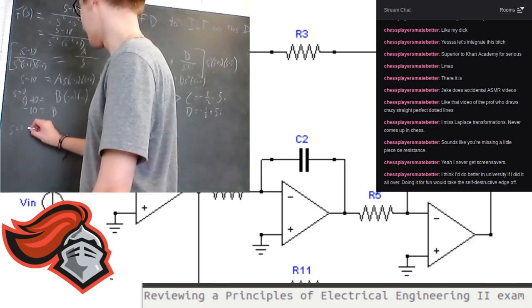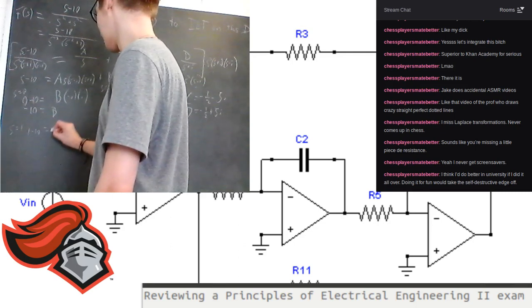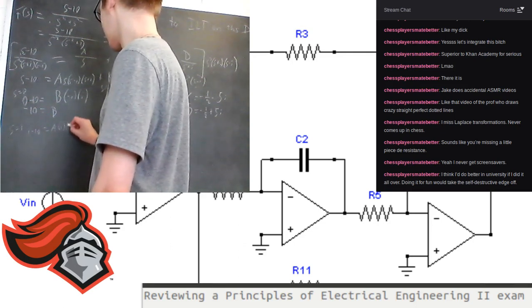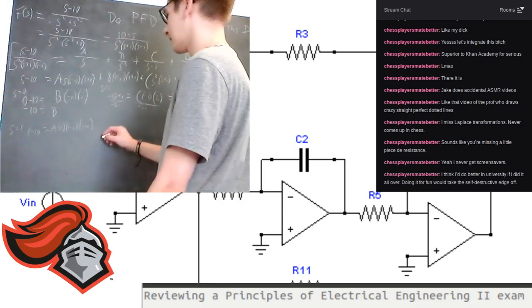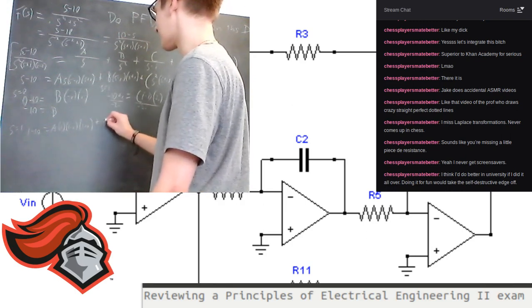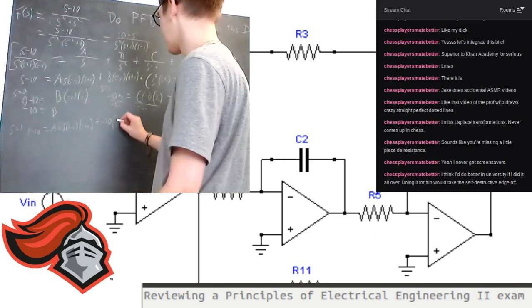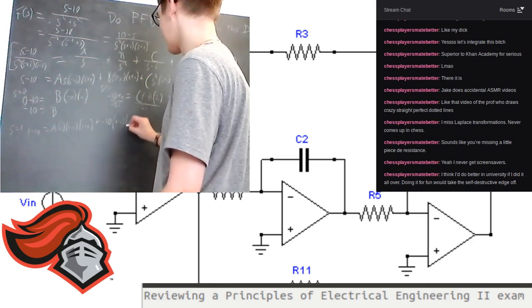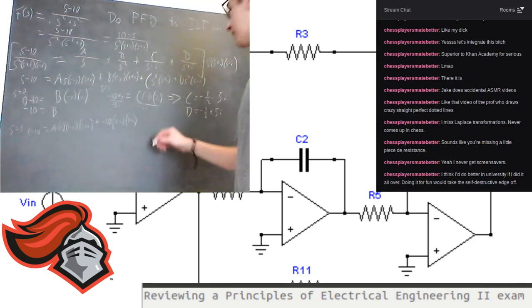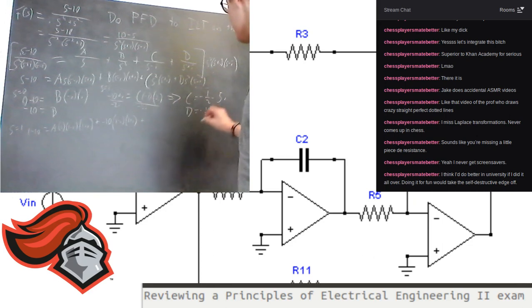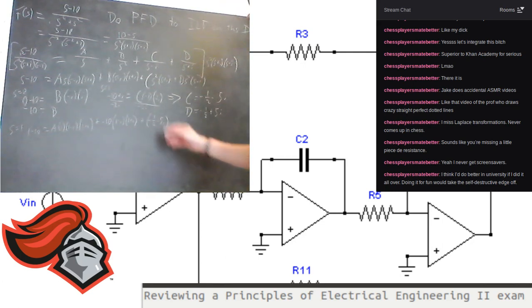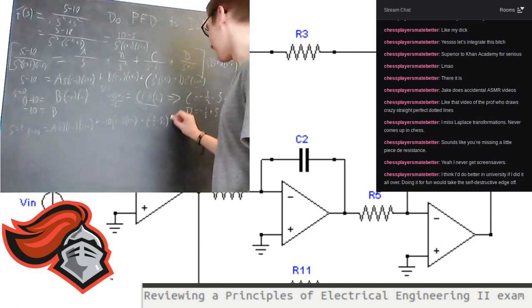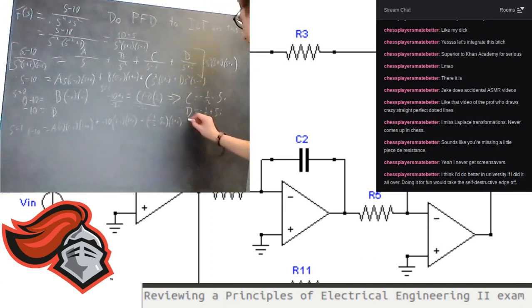So we got 1 minus 10 equals A, 1, 1 minus i, 1 plus i, plus B, which is -10, 1 minus i times 1 plus i, plus C, which is -1/2 minus 5i. s squared is just 1, and then we get 1 plus i, plus D, which is -1/2 plus 5i.